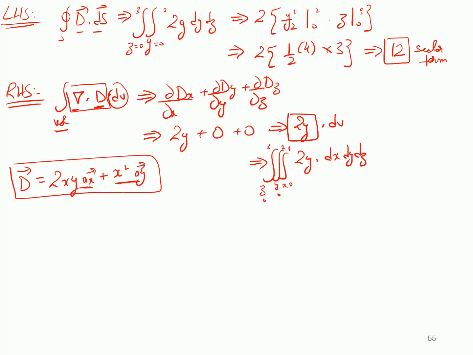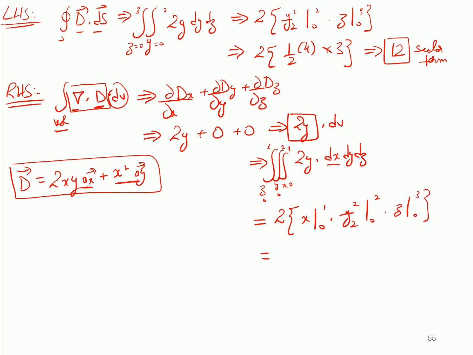Once you integrate, 2 is a coefficient, so I'll take it outside. We start with x, whose integral is x with limits from 0 to 1. Then y gives y square by 2 from 0 to 2, and then z from 0 to 3.